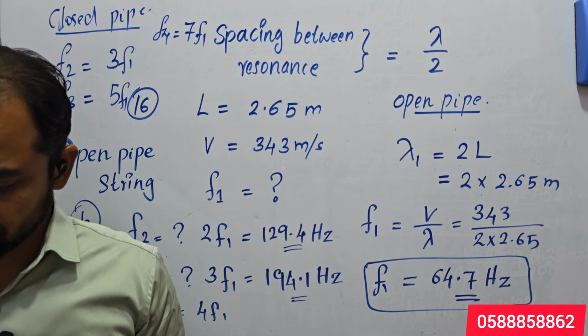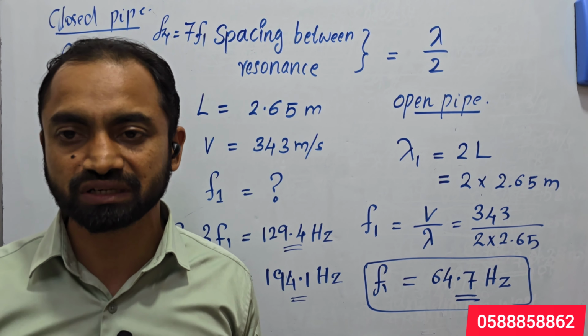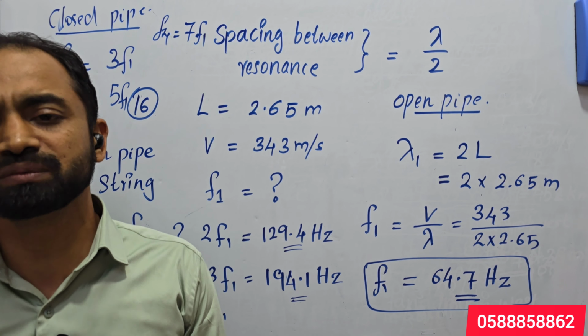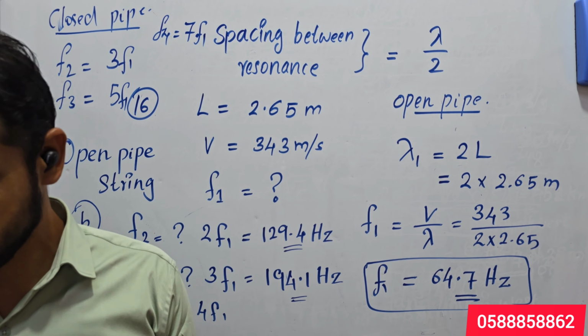So the musical instrument will produce a sound that is a combination of these harmonic frequencies, or harmonics. So each musical instrument will produce its own unique sound, and that unique sound is called timbre, right? That is the quality of the sound, and that will be different for different instruments.